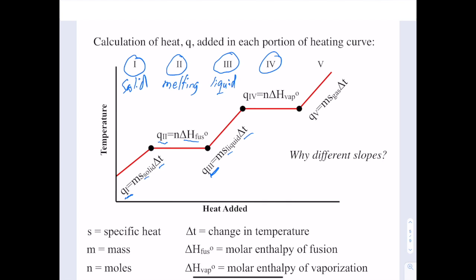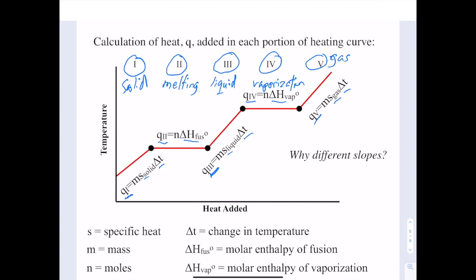In region 4, we have vaporization, and in that region, the heat is used to evaporate the liquid and form a gas. There is no temperature change. And then finally, in region 5, we have a gas, and we are just raising the temperature when we add heat, and we use the specific heat of the gas.